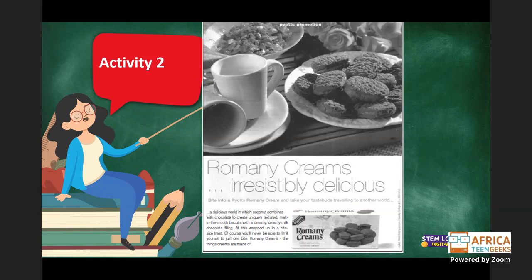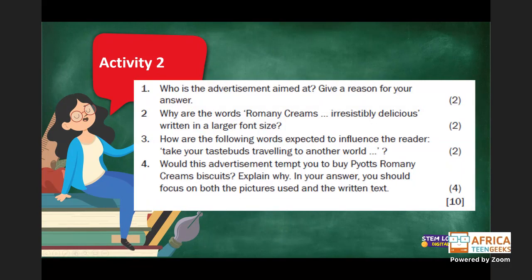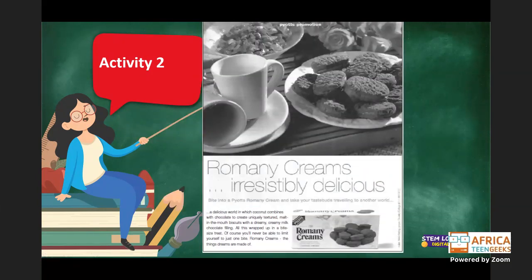Interesting answers you give here. Second one: why are the words Romany creams irresistibly delicious written in a larger font size? So why are these words written in a larger font size, do you think?